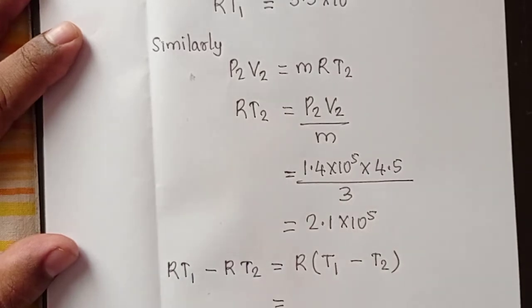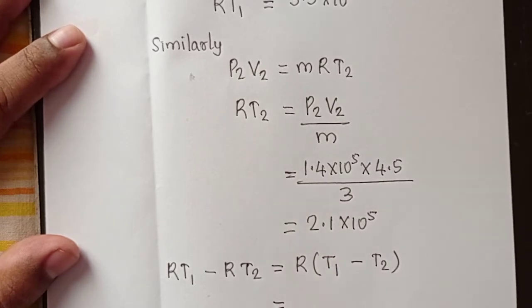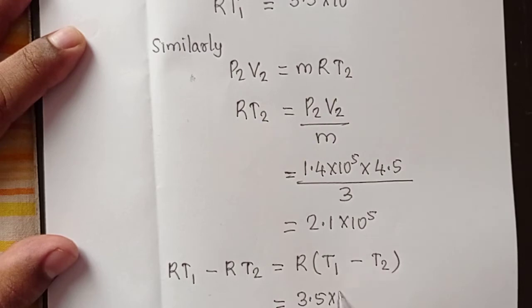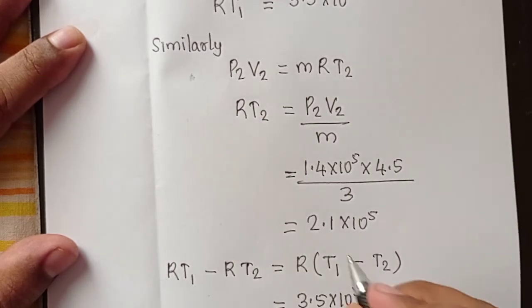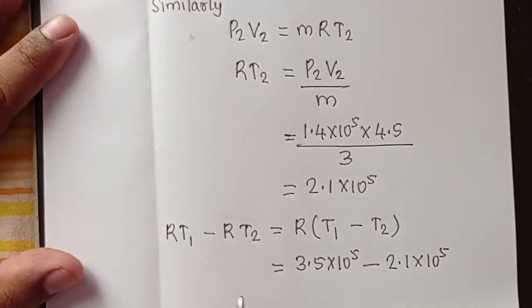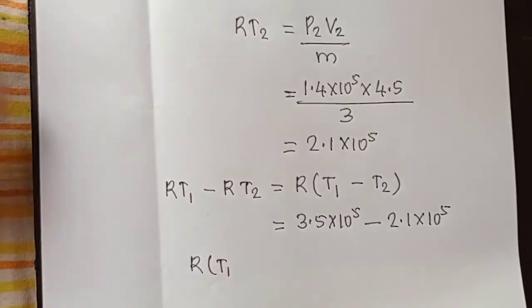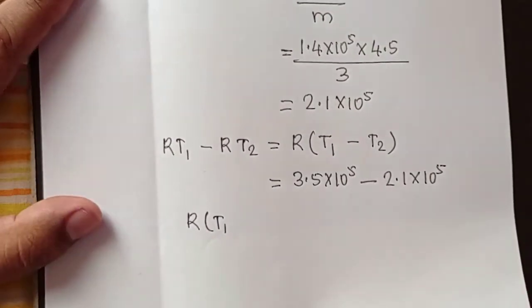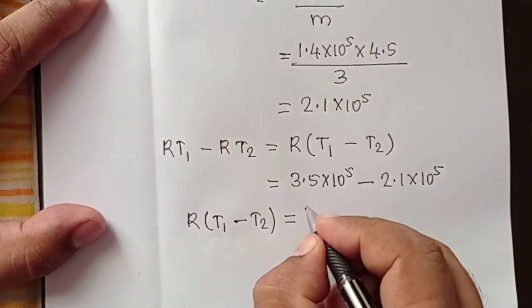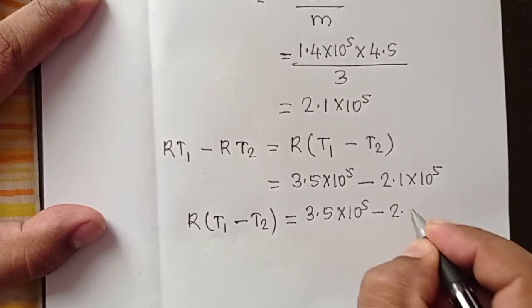That will be equal to the values I have got, 3.5 into 10 to the power 5 minus 2.1 into 10 to the power 5.